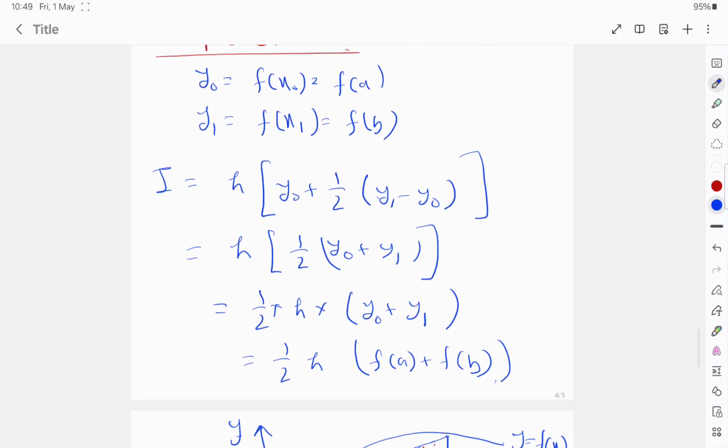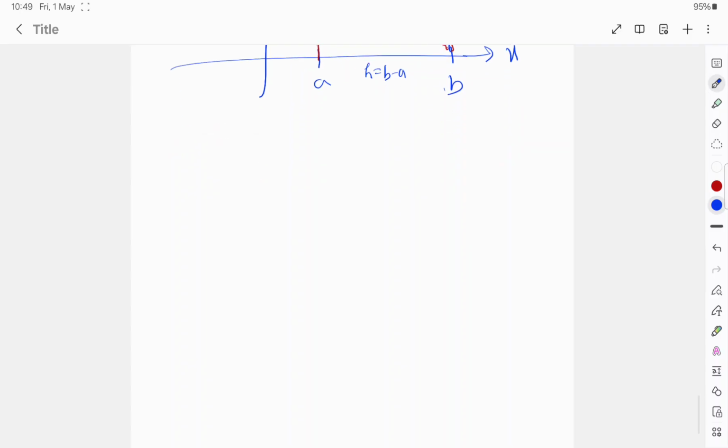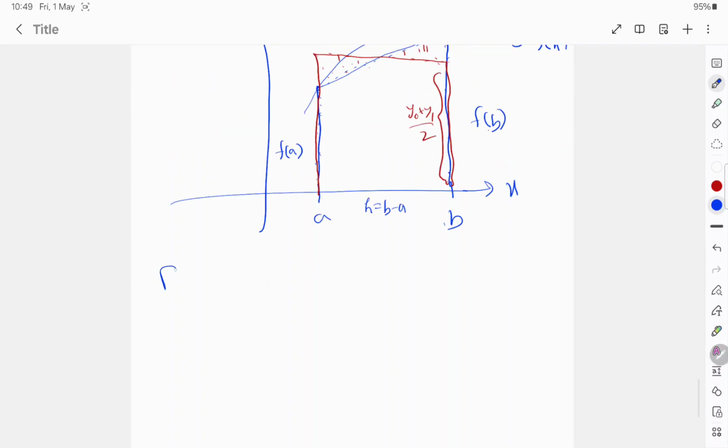Now we will try to estimate the error for this one. We write I_t for the approximate value using the trapezoidal rule. So what is the error? We write E_t, the error in the trapezoidal rule. E_t will be the integral from a to b of f(x) dx minus I_t.